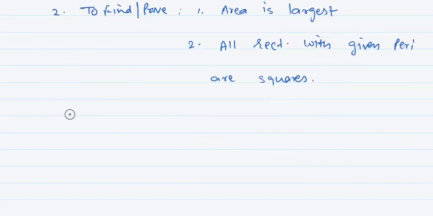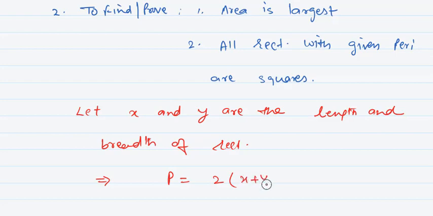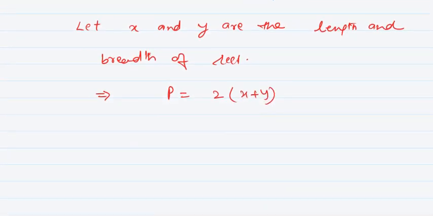Let's proceed. Let x and y be the length and breadth of the rectangle. So which implies the perimeter is equal to twice of x plus y. You know this very well.